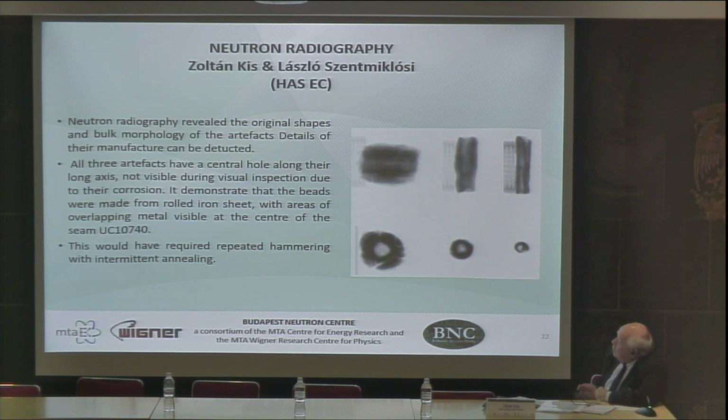They measured these metal pieces, and all 3 artifacts have a central hole along their long axis, not visible during visual inspection due to their corrosion, but it demonstrates that the beads were made from rolled iron sheet with areas of overlapping metal visible at the center of the seam. This would have required repeated hammering with intermittent annealing.